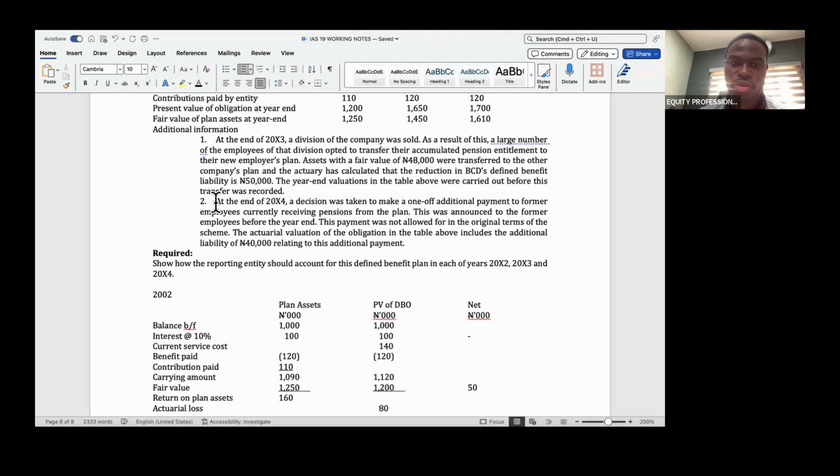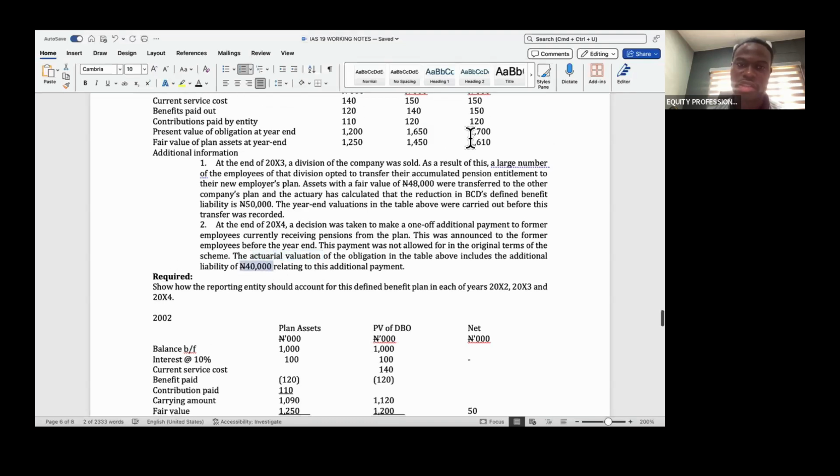Okay, so what is this actually talking about? Let's look at it very well. A decision was taken to make a one-off payment to former employees currently receiving pension. They announced it before the year end. The payment was not in the original terms, and the valuation that the actuary gave to us already includes this 40,000.